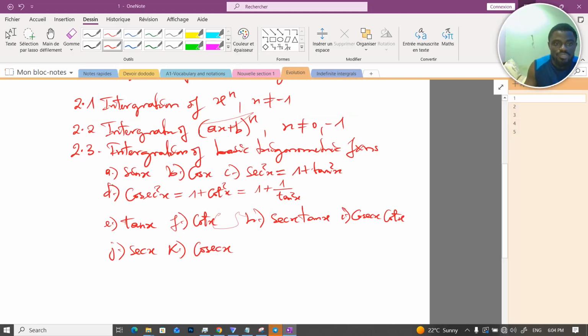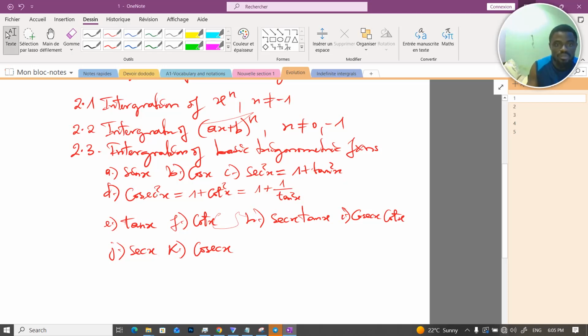Last time we saw how to integrate (ax+b)^n. Today we are going into how to integrate some basic trigonometric functions. We shall see how to integrate sine, cos, and sec square. Sec square is the same thing as 1 plus tan square x.